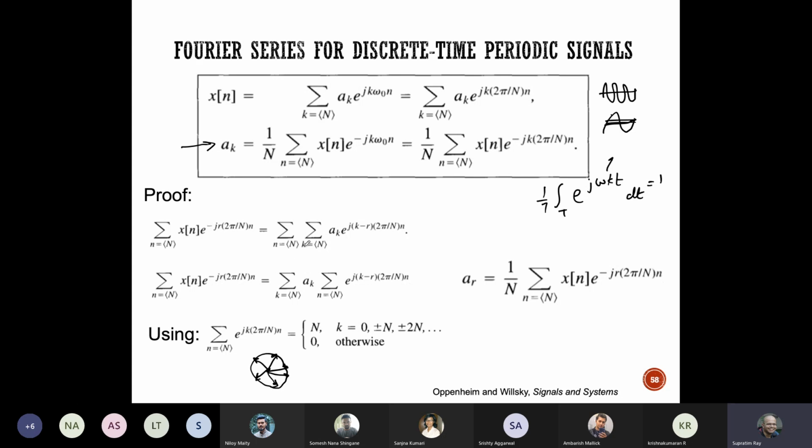When I take this double summation and I take this a_k out and look at the single summation of this thing, it is just going to be equal to 0 for all values of k, except when k is r. So therefore, this sum is just a_r multiplied by N, and therefore a_r is just 1 by N multiplied by this thing.